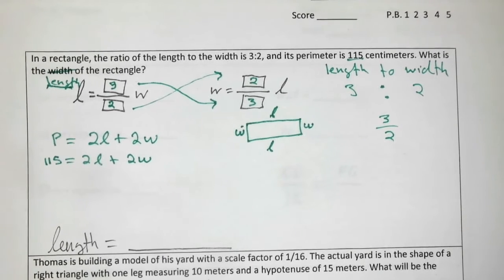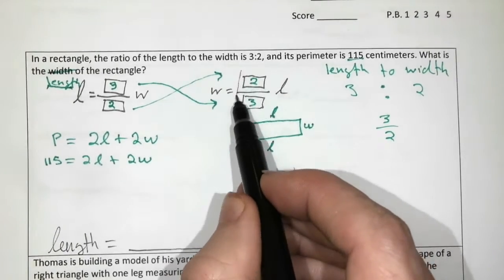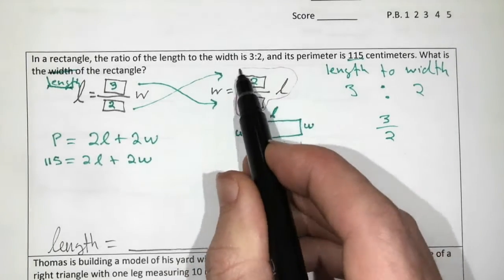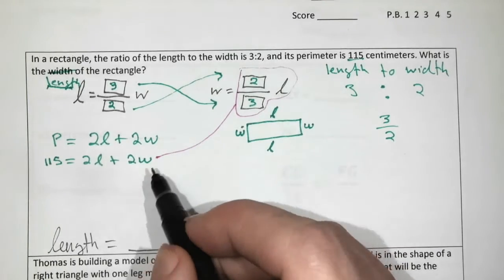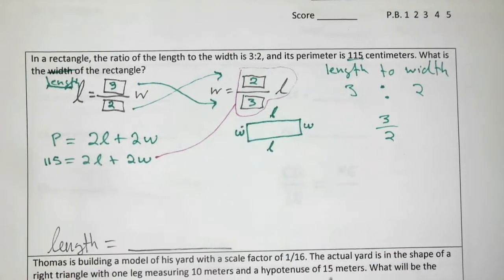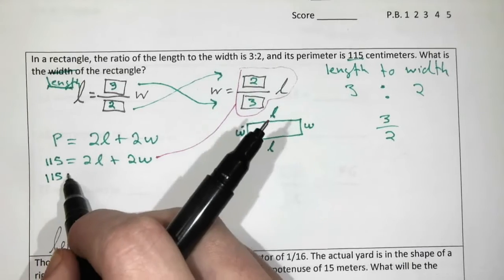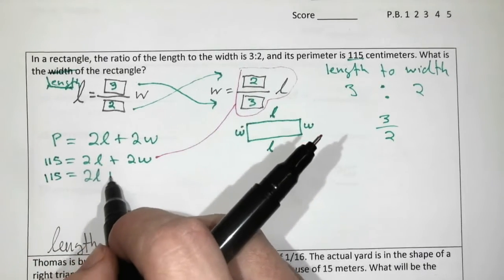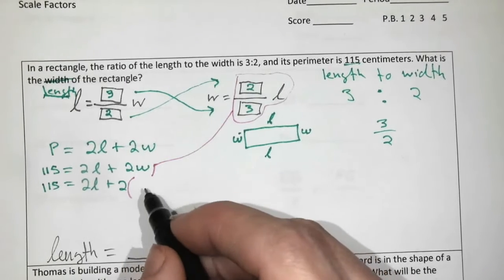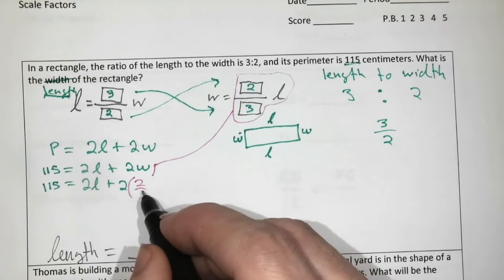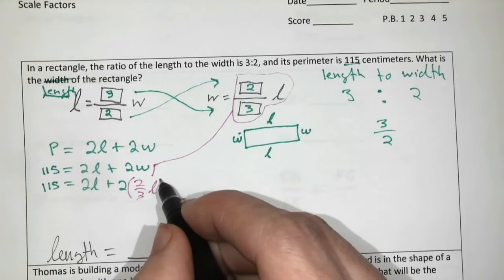Well, I know that W is equal to 2/3 times L, so I'm going to substitute that for W. So I have 115 is equal to 2L plus 2 times 2 over 3L.